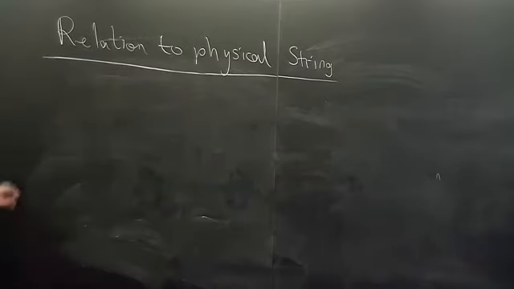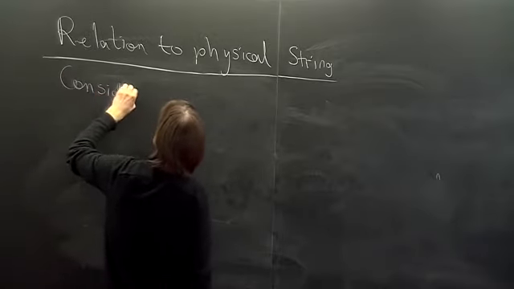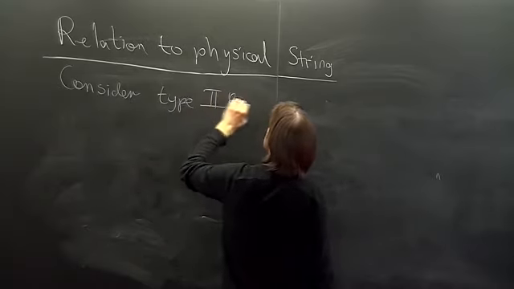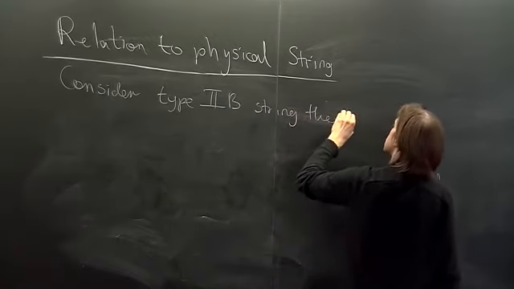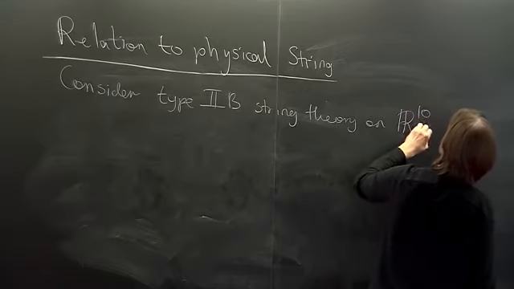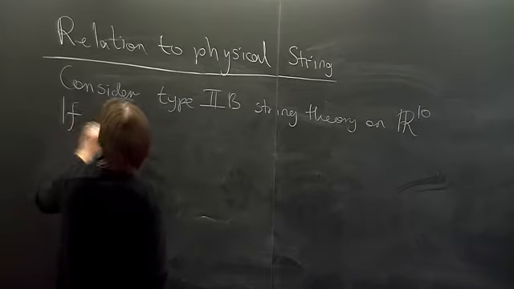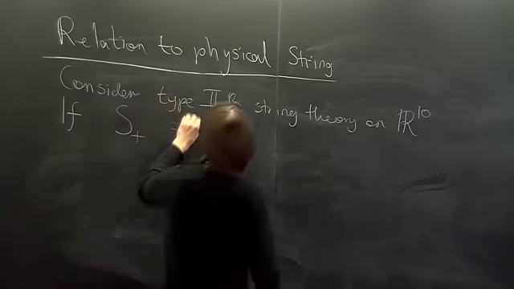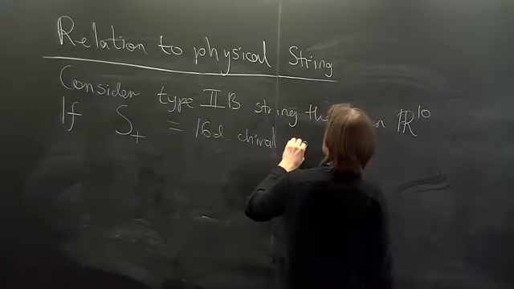Okay, so let's consider type 2B string theory on R10. So let's say S plus is the 16-dimensional chiral spin representation.